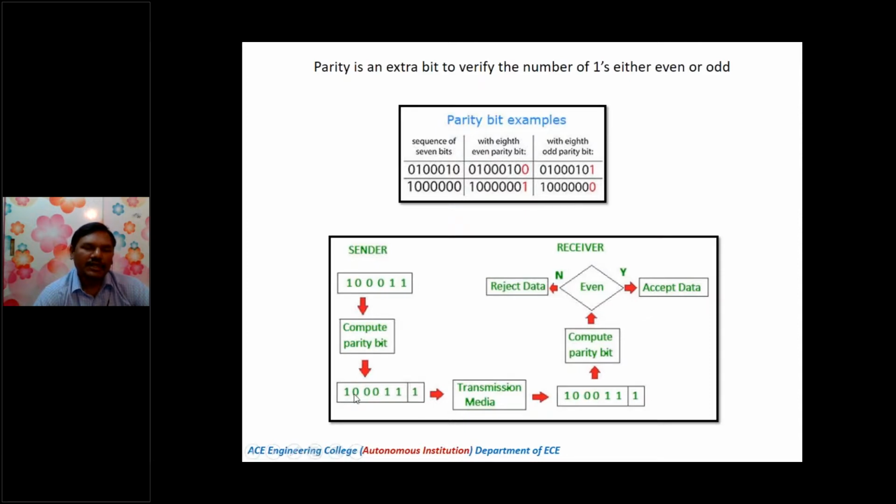If the parity bit is 1, then counting the number of ones, 1, 2, 3, 4, the data is converted into even parity. If it is 0, then there are 3 ones, and it is called odd parity. It is transmitted to the receiver section, where the parity is checked using some checking techniques, and the data is accepted if there is no error.